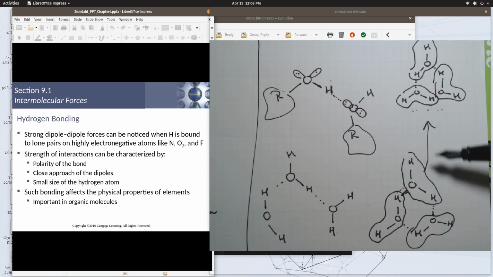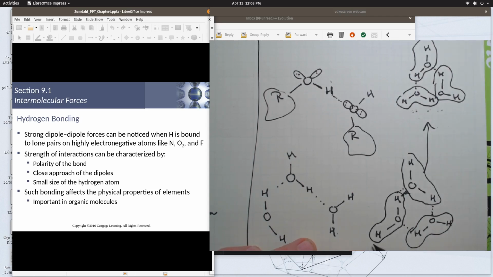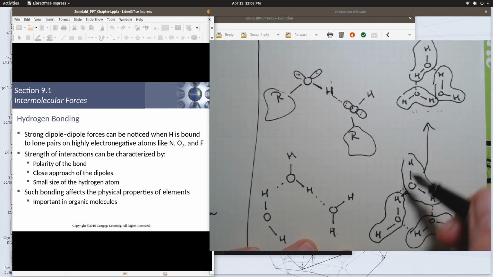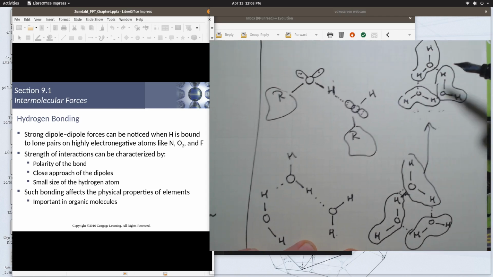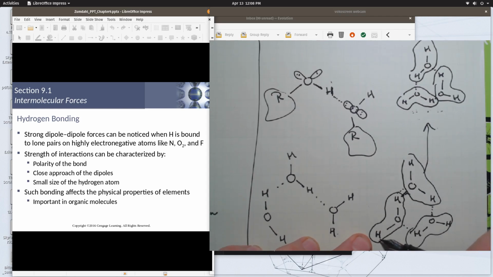And this is an extremely important process in water and in biological waters, especially because you see what I've done is I can introduce an extra proton into the hydrogen bonding network, and that extra proton can move through the system. Even though the physical proton hasn't moved, the charge can move very easily through the hydrogen bonding network.